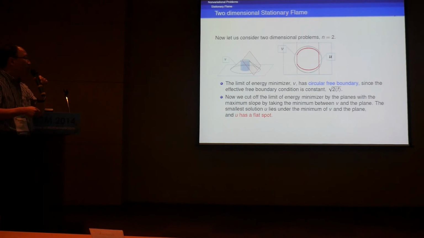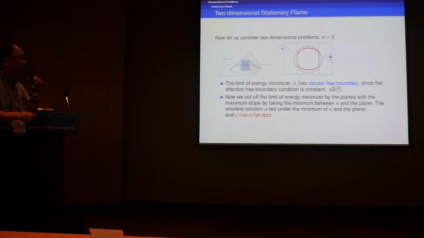Now, if you want to have a smallest solution, you want to decrease the size. One of the ways is the following. This plane is also a solution. And then you take a minimum between this planar solution and this energy minimizer, then there will be a super solution. Therefore, my smallest solution is smaller than this super solution.